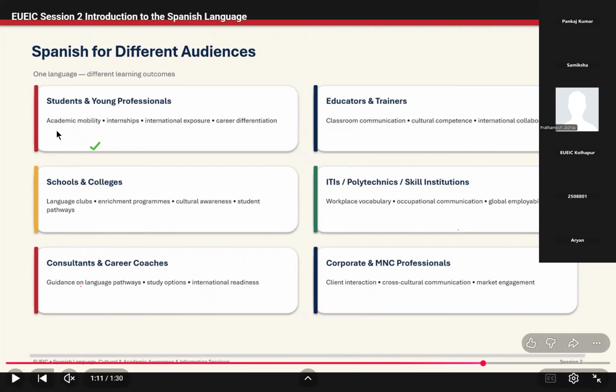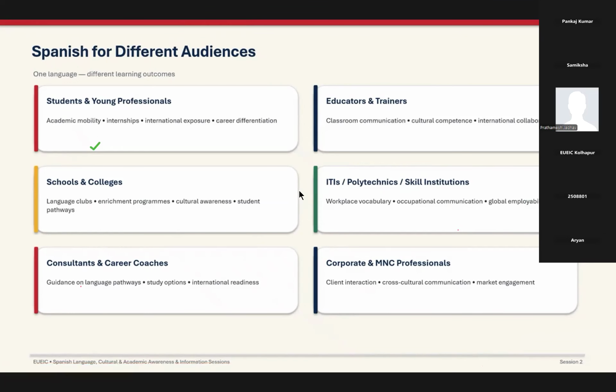So you will have academic mobility, internships, international exposure. You have career differentiation as well, right? In schools and colleges, you have language clubs, enrichment programs, cultural awareness, student pathways, and you have a lot of avenues with Spanish language in general these days.